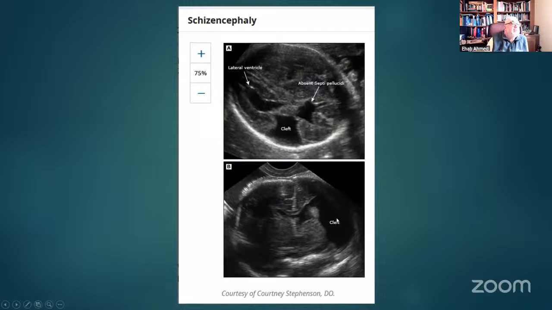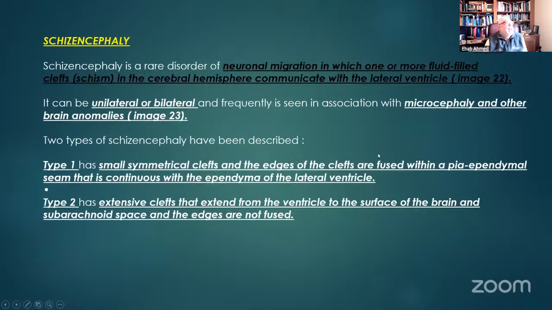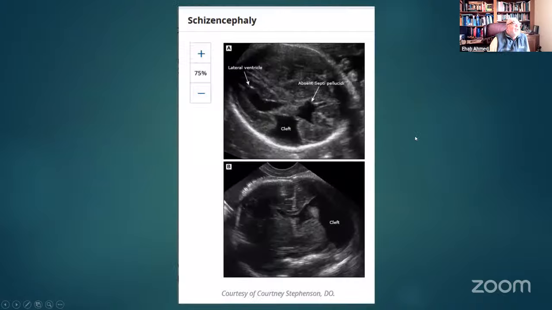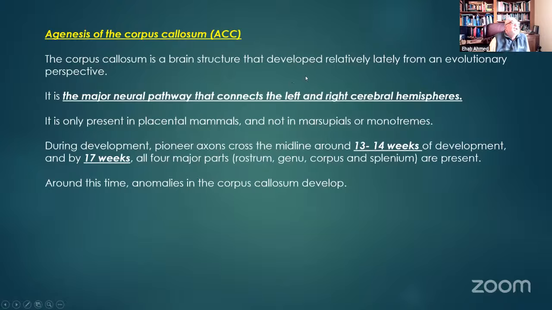This is the cleft communicating with the lateral ventricle. That's why it's CSF filled. It can be unilateral, can be bilateral, can be associated with microcephaly and other brain anomalies. There are types, type 1, type 2. I will send all these details to you when I'm done with all these MCQs.